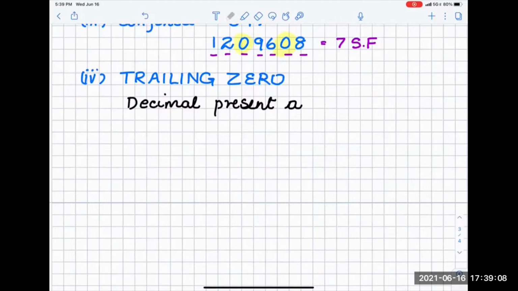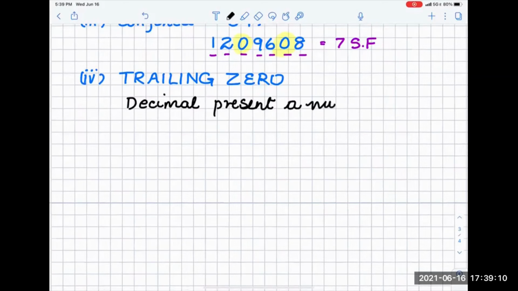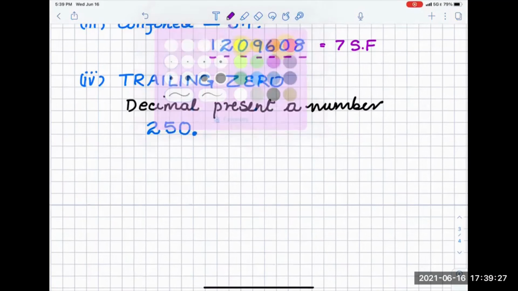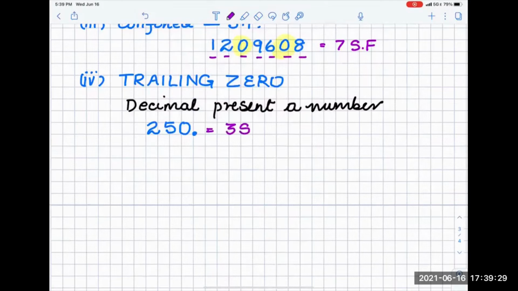They are important. So if there is a decimal, for example, if you have 2, 5, and this is a trailing zero, 250, and there is a decimal here, that means there are 3 significant figures. So this 0, by virtue of the presence of the decimal, is counted.